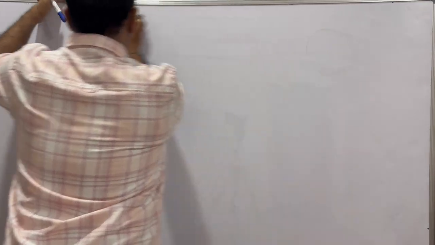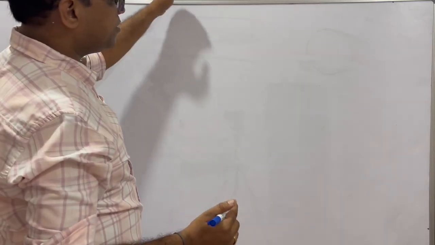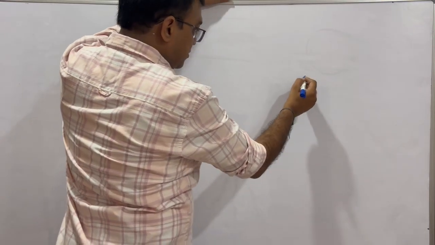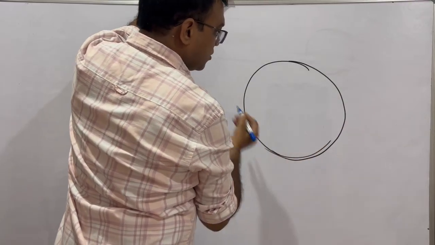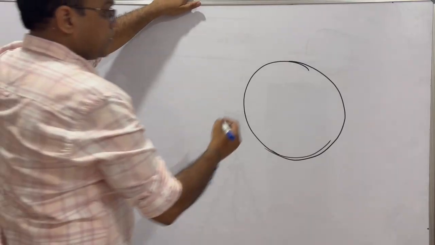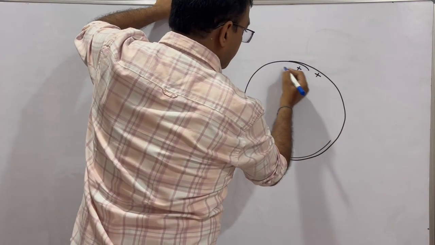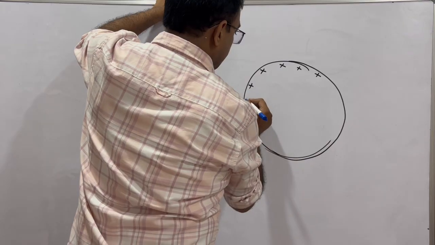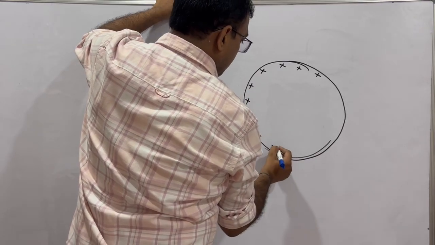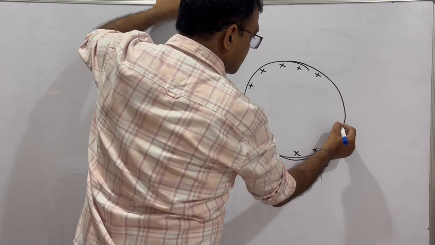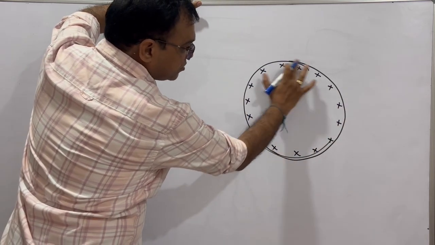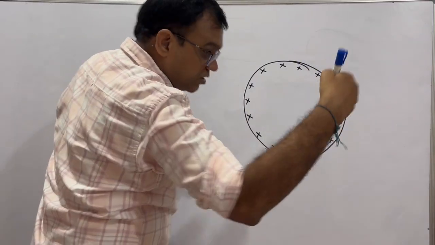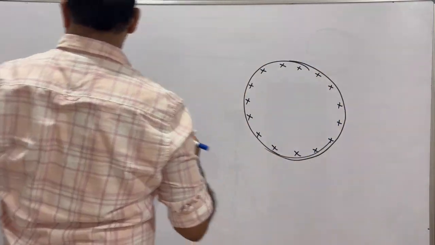Now come back to something more critical. Consider one situation and see what the expression of the induced field will be. Let us consider one cylindrical region in which a uniform magnetic field is present. The field is into the board, and in this entire region up to this boundary the field is there in this way, like a cylindrical region.